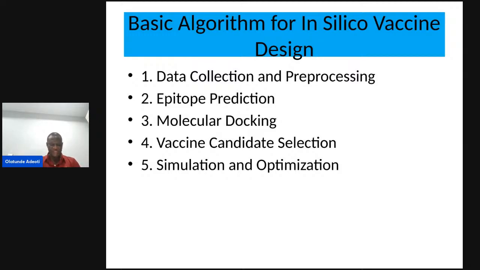So you collect the data from there. After that, you are going to identify conserved regions. I told you, identification of conserved regions will definitely tell you that you can proceed and make use of it to design vaccine candidates. After that, you will now go to epitope prediction.